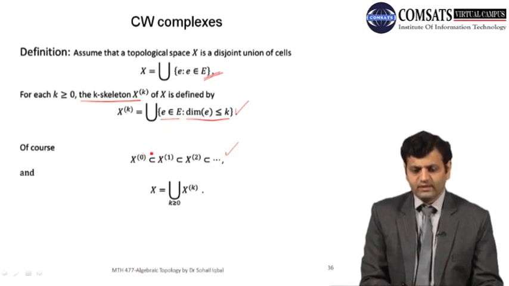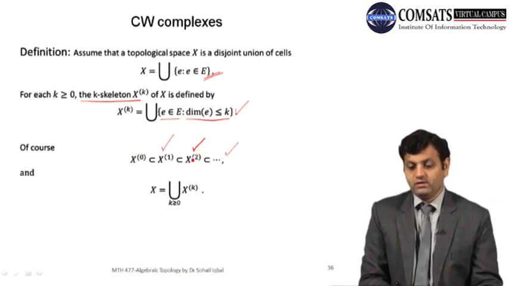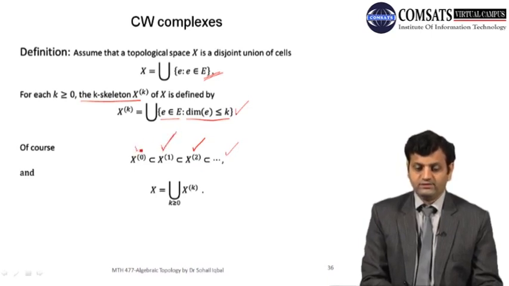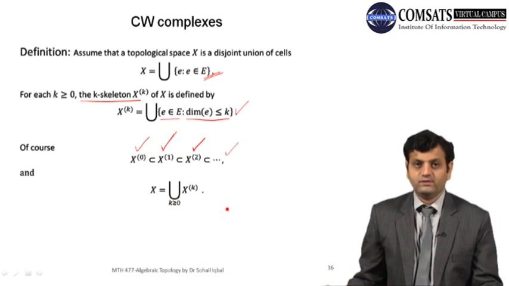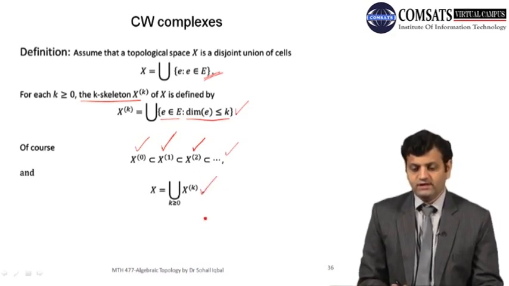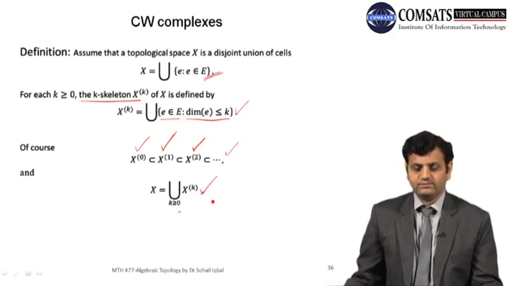If we are considering X1, the set of all cells whose dimension is less than or equal to 1, then of course it will contain the 0 cells. Similarly, if we are considering a 2-skeleton, where we take the set of all cells whose dimension is less than or equal to 2, then it must contain X1 and X0, the set of all cells whose dimension is 1 and the set of all cells whose dimension is 0. So we can easily see that this X is going to be the union of these k-skeletons.